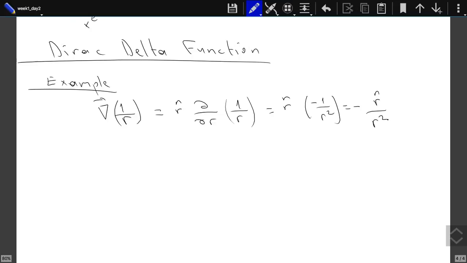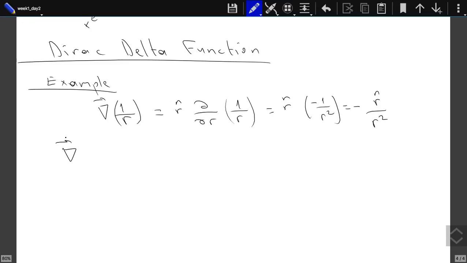And this is equal to, in the r hat direction, minus 1 over r squared, or minus r hat over r squared. Now, the potential of a point charge is 1 over r. The gradient of the potential should give us the electric field. The electric field of a point charge is proportional to 1 over r squared in the radial direction. So this is something that we kind of already know. Now, to calculate the Laplacian, we have to take the divergence of this expression.